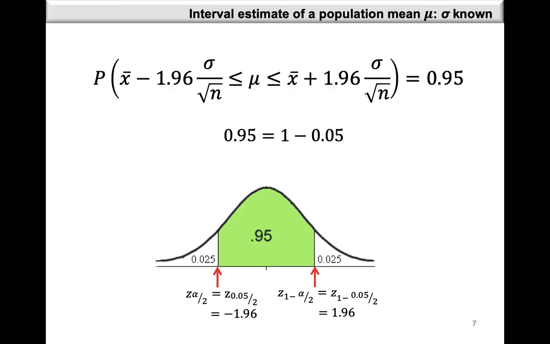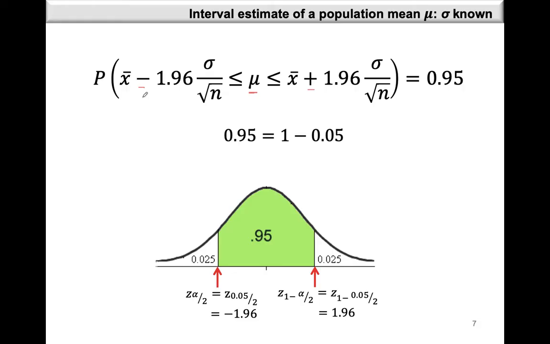So if we have a 95% confidence interval, then we can state this as the probability that our mean, mu, which is unknown to us, is between x bar minus 1.96 times sigma over root n and x bar plus 1.96 times sigma over root n is equal to 0.95.